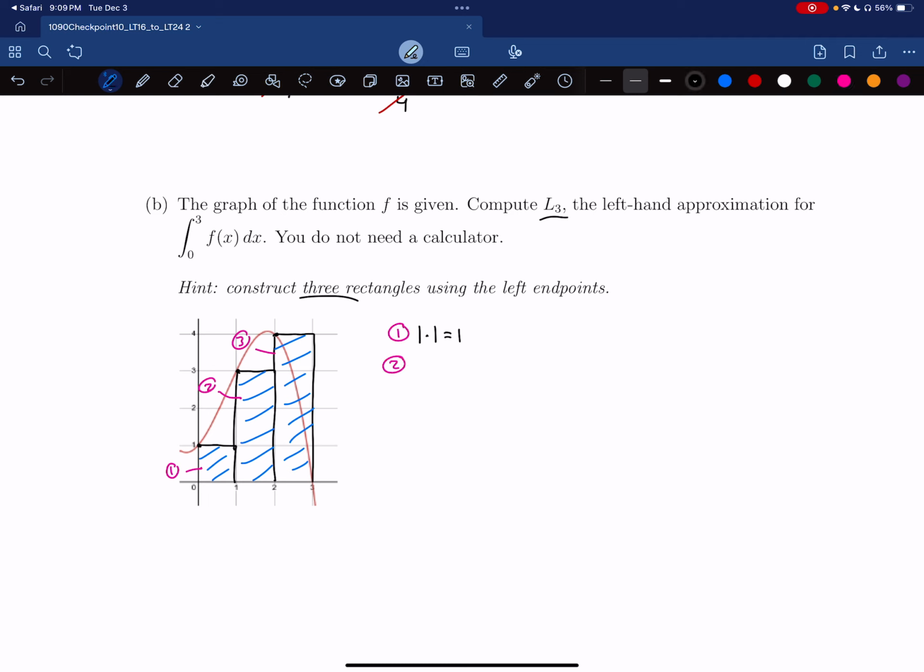Shape 2, it's 3 high, base is 1 again, so 3. And then the third rectangle is 4 high, base is 1. So summing those all up, we have that our L3 is equal to 8.